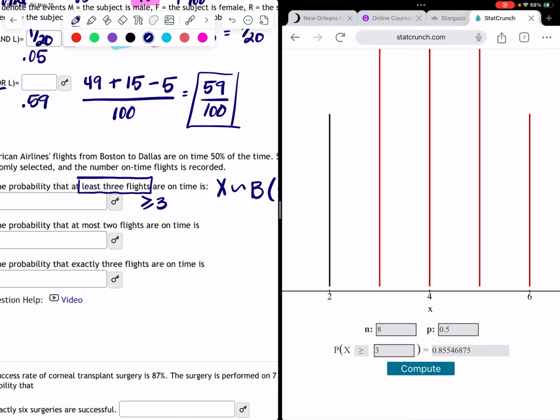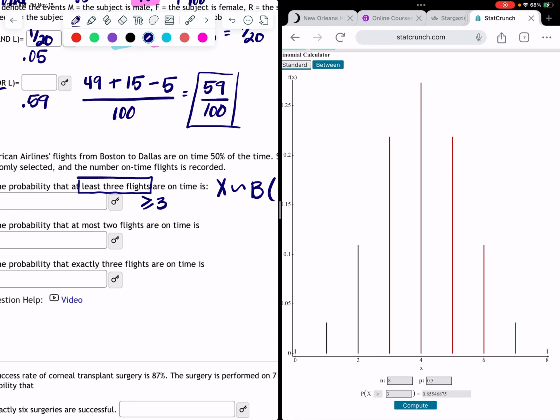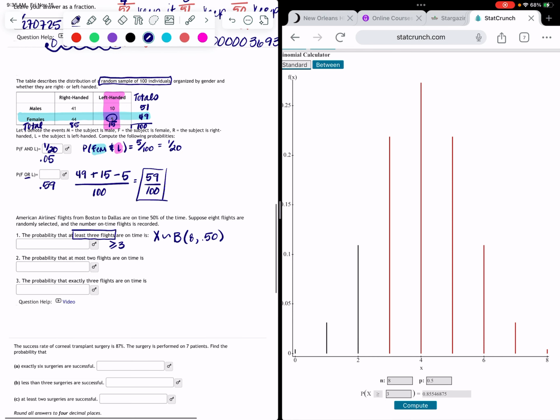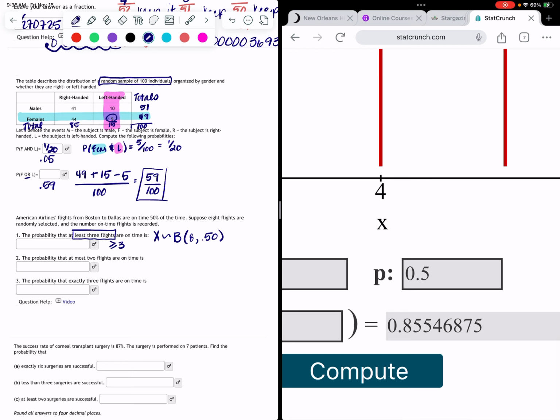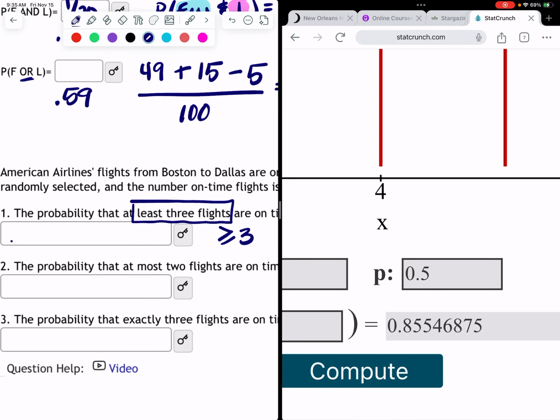So the probability that at least 3 flights are on time. We don't have rounding instructions, so I will use 4 decimal places. 0.8555. Yep.